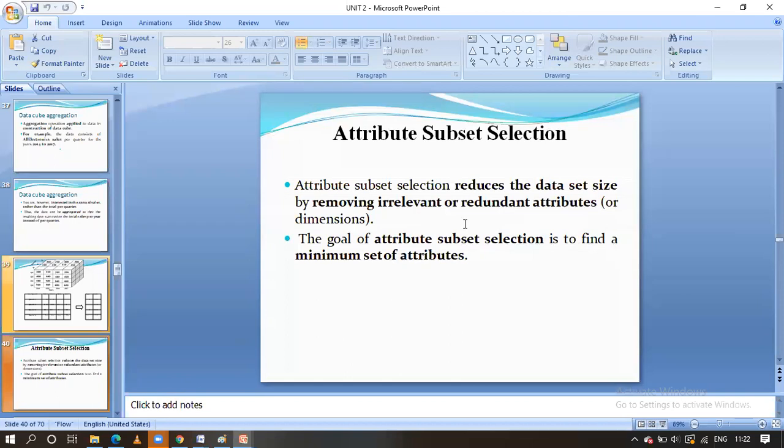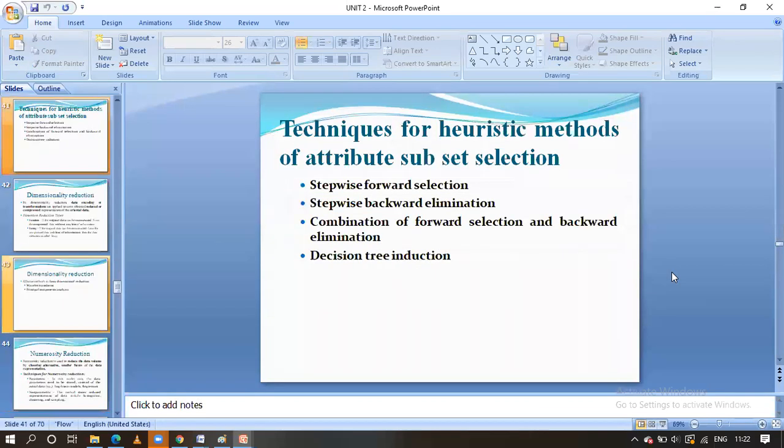Removing the irrelevant and redundant attributes, that is what we call it. Here mainly 4 steps will be there: stepwise forward selection, stepwise backward elimination, a combination of both these methods, and finally decision tree induction. Okay, in this way, by using this one, we are going to reduce the attributes.